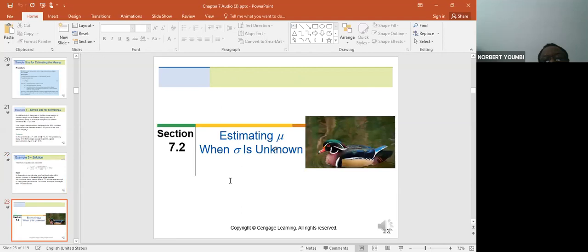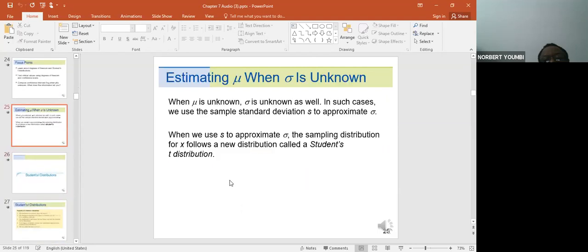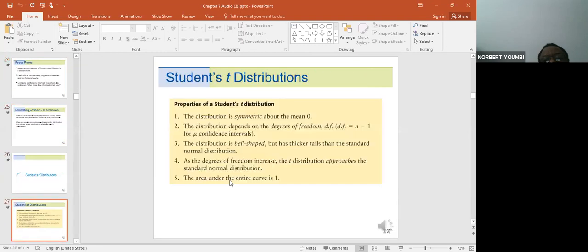Now we want to do the same type of work when sigma is unknown. When sigma is unknown, we use a distribution which is similar to the standard normal distribution, called the T distribution. It depends on the degrees of freedom, which is n minus 1.